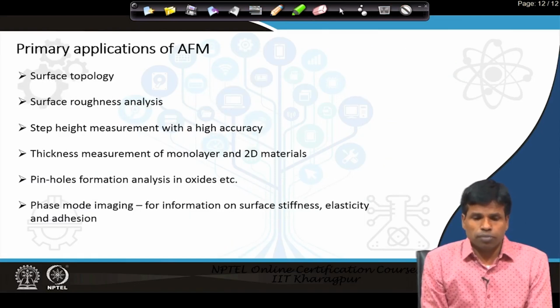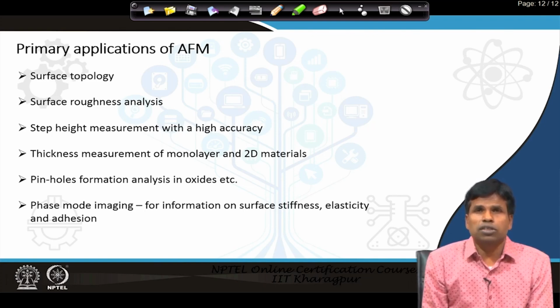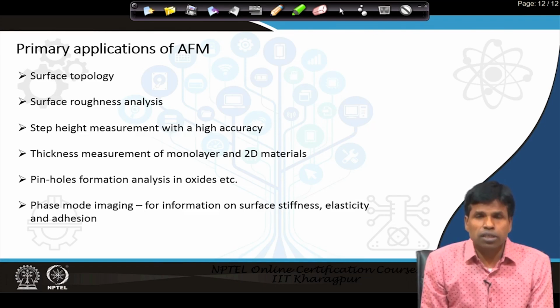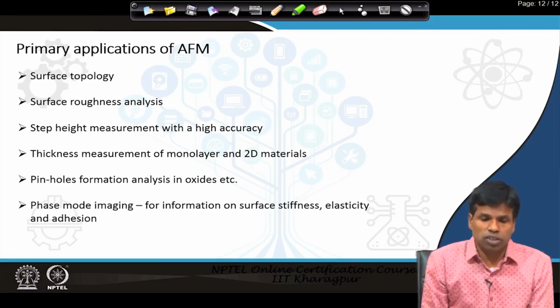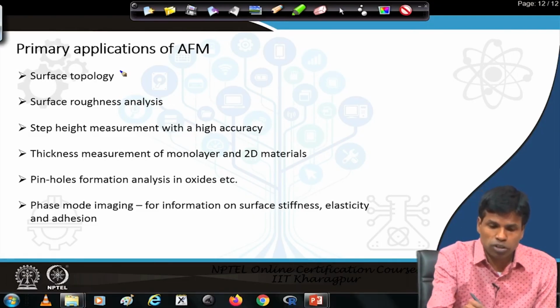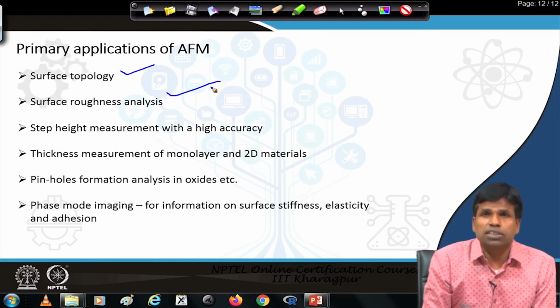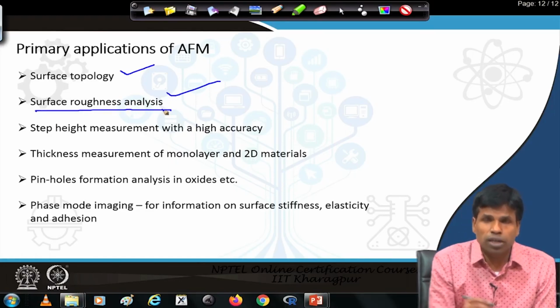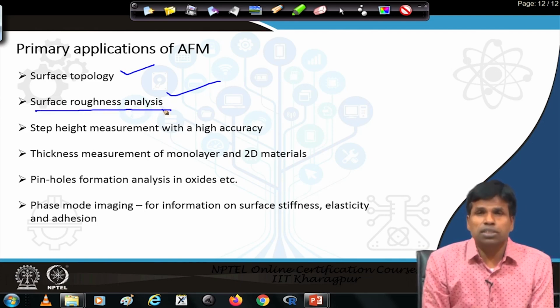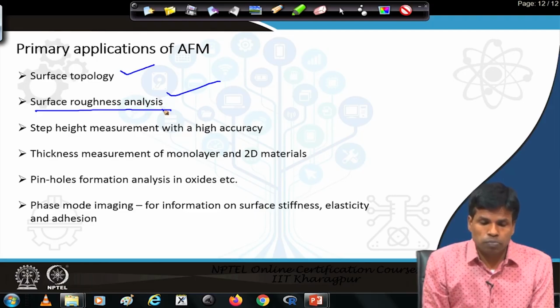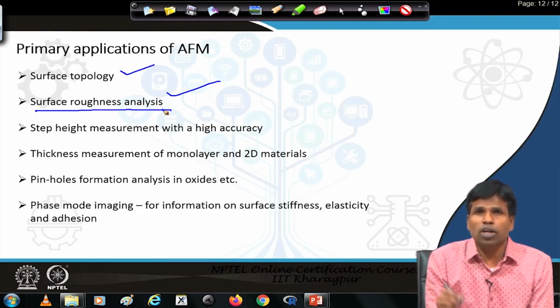The primary application of the atomic force microscope, as we see mostly with students in research or academic laboratories, is to measure the surface topology and 3D features of the surface. Surface roughness analysis is the most commonly used by this technique, when we want to measure the RMS, or root mean square, roughness in a small area.